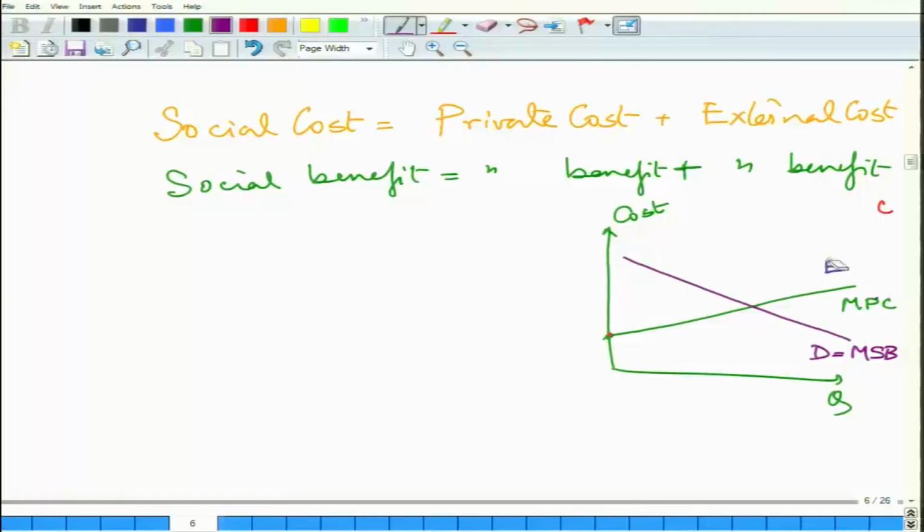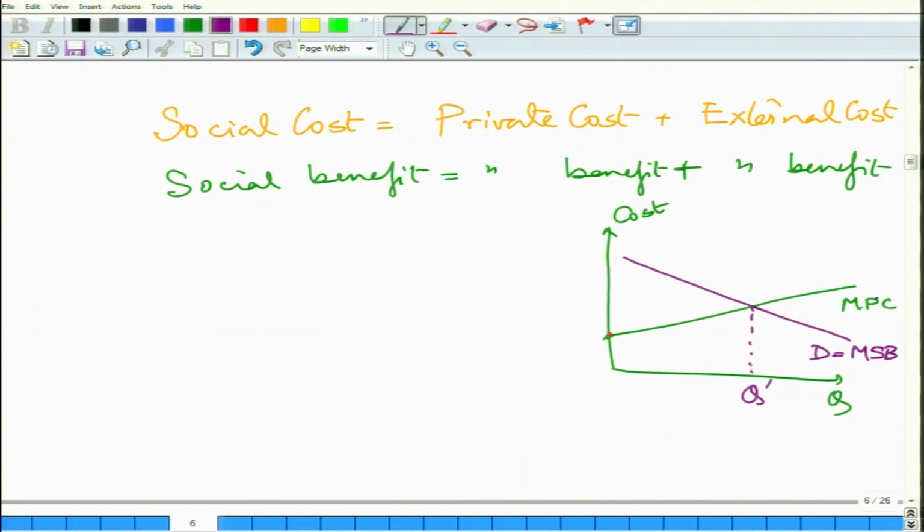So what happens when we don't realize that there is a marginal social cost, a marginal external cost? The producer will produce at this point, Q prime. Now this is a kind of demand and supply, a kind of market.